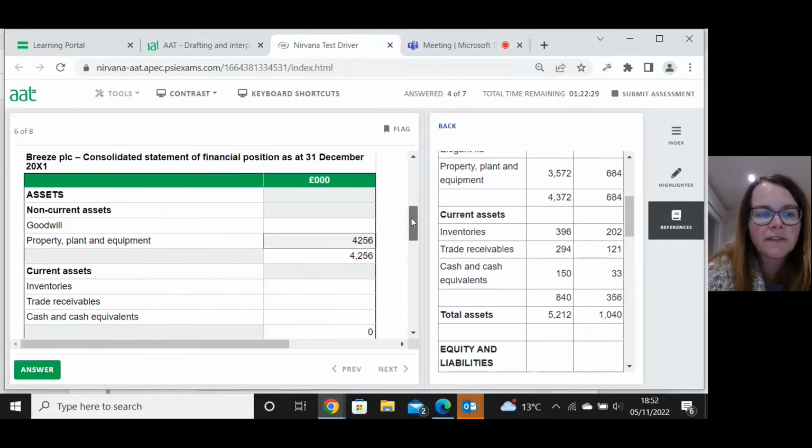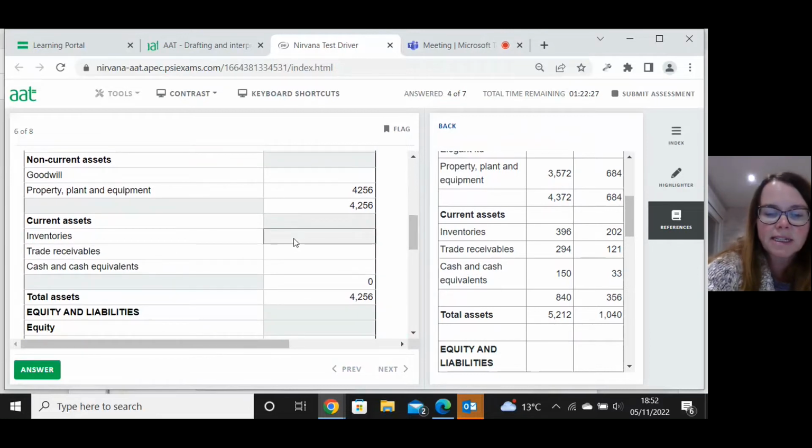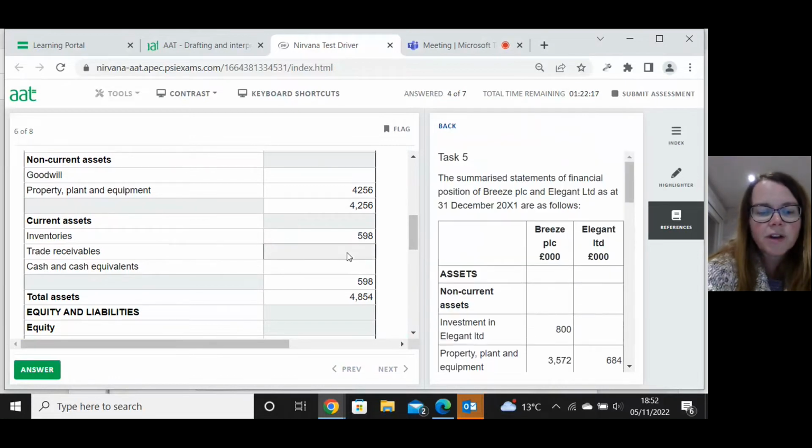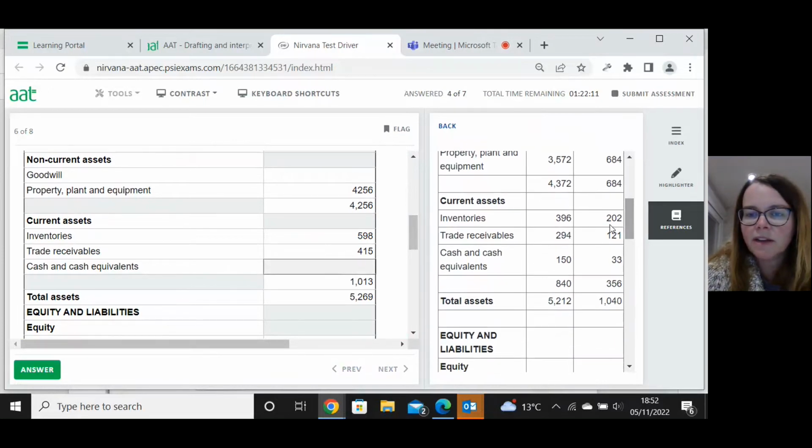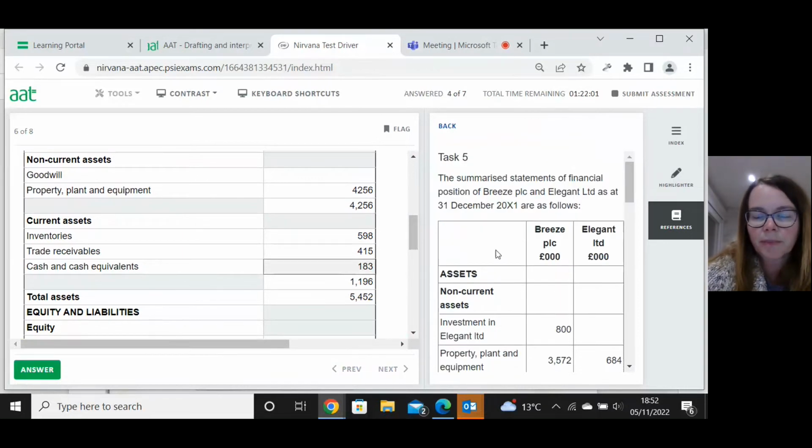So I'm putting 598 straight into my answer. Trade receivables, 294 plus 121. So I'm putting 415 straight into my answer. Cash and cash equivalents, I've got 150 plus 33. So 183 is going straight into my answer.